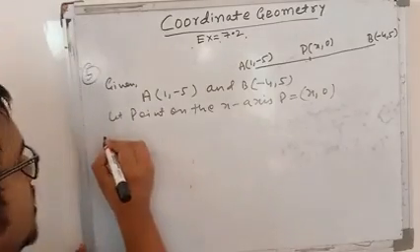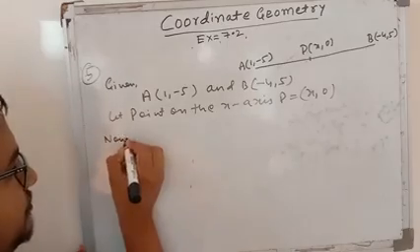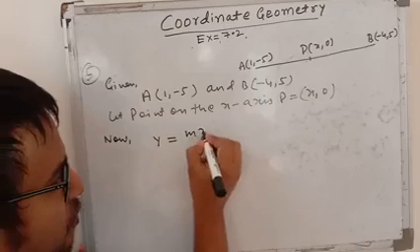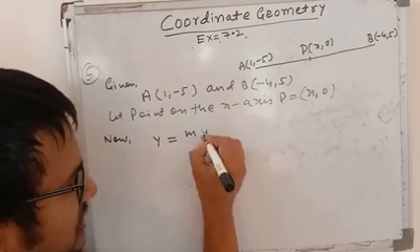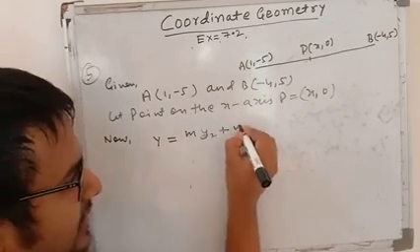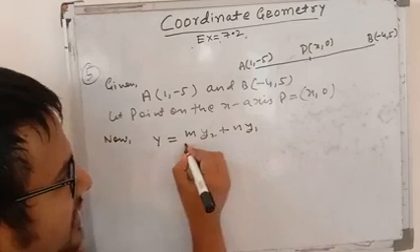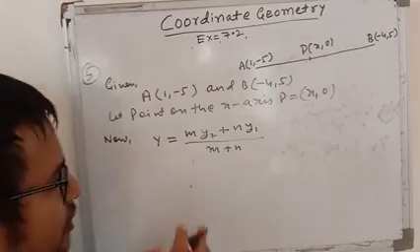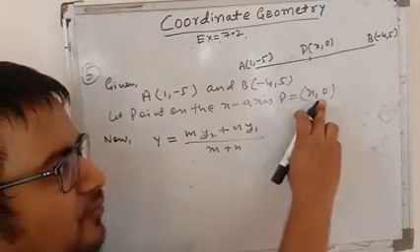So now we know that y equals (my2 plus ny1) by (m plus n). Why am I using only y? Because the value of y is 0 here.